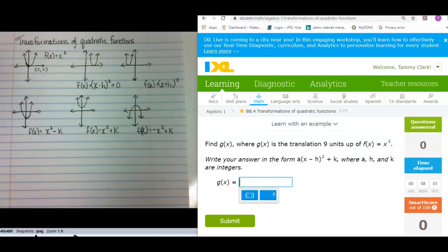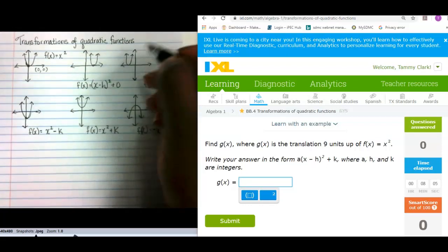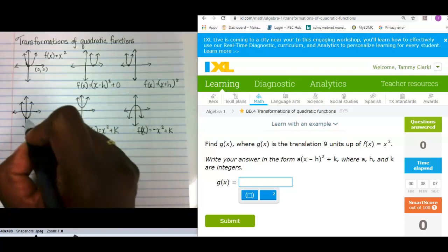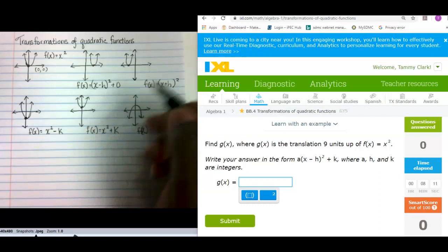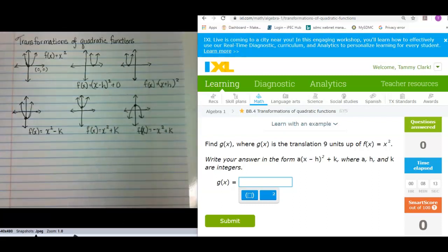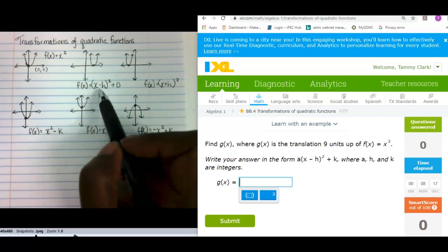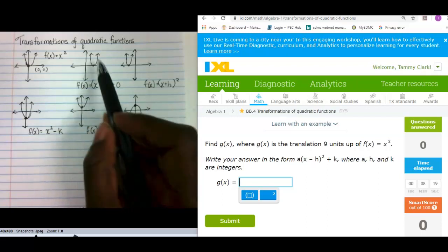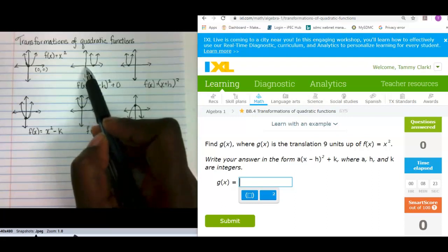Then when we start doing our transformations, we're looking at how the vertex, which is either the highest point or the lowest point of the quadratic, moves. Here we saw that the quadratic moved right. So think about, again, what would I have to do to get this quadratic back to its origin?